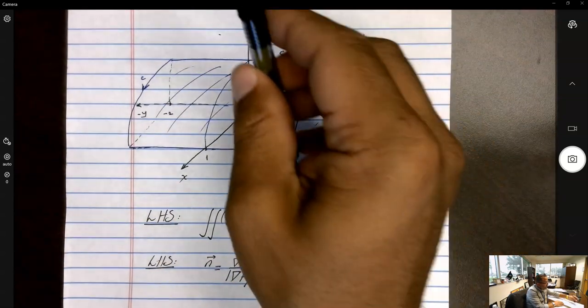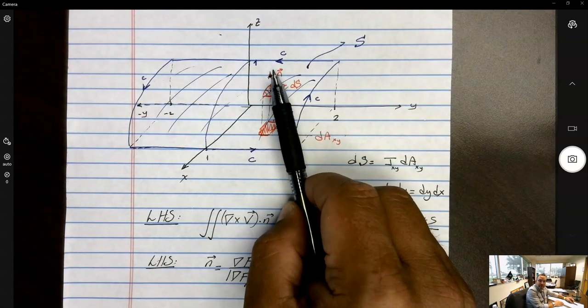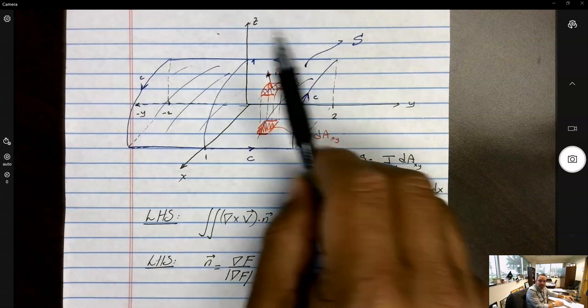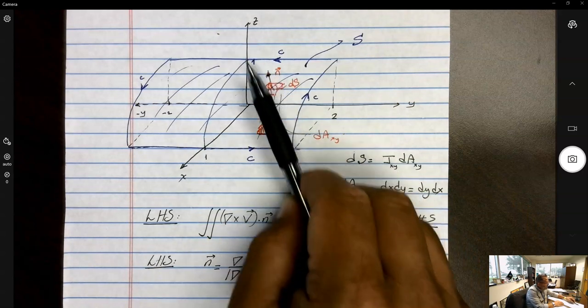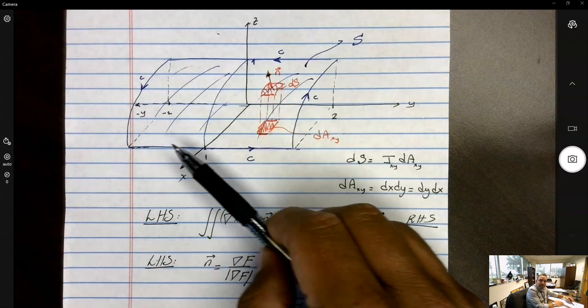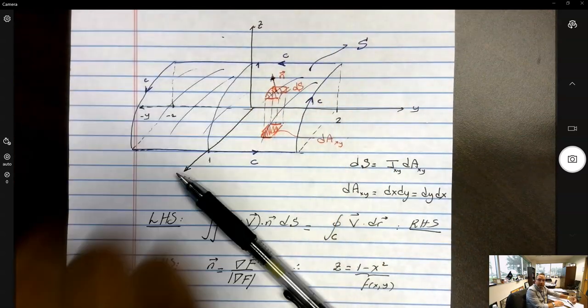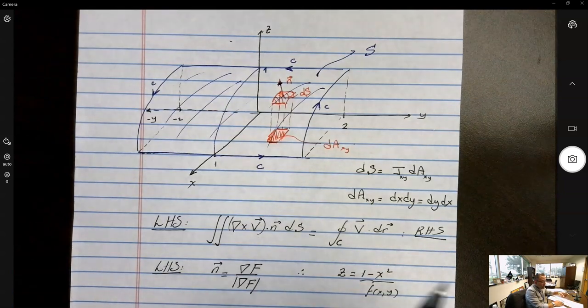Counterclockwise will allow us to verify Stokes' theorem if we define the normal vector pointing up like that. That doesn't mean in or out, because as you can see, as an open surface, there's no in or out. But if we define the normal vector pointing up, then by the right hand rule, the line C has to actually follow a counterclockwise direction.